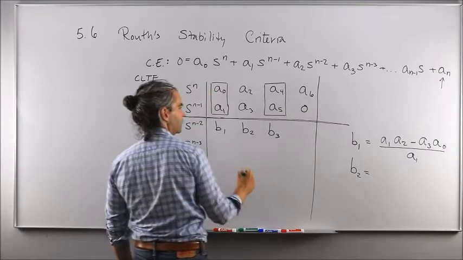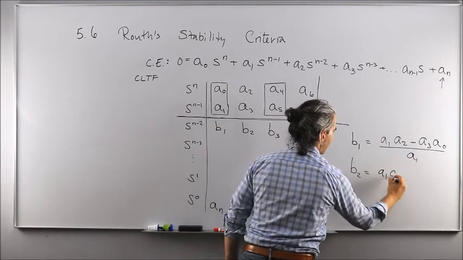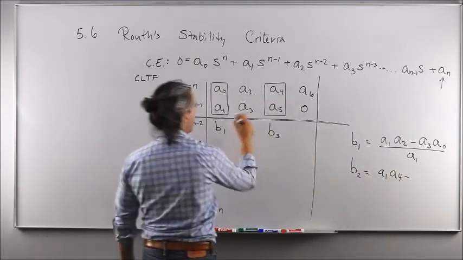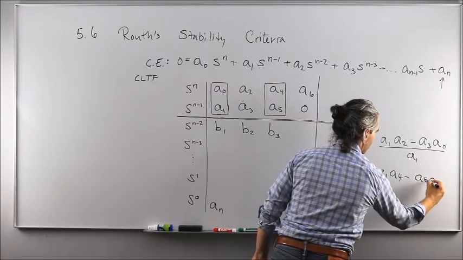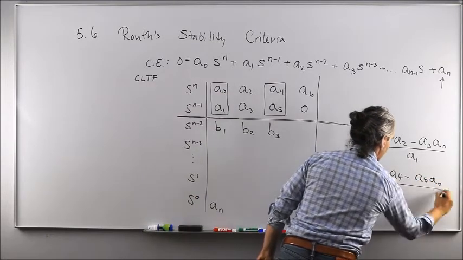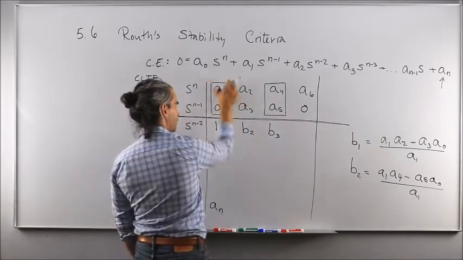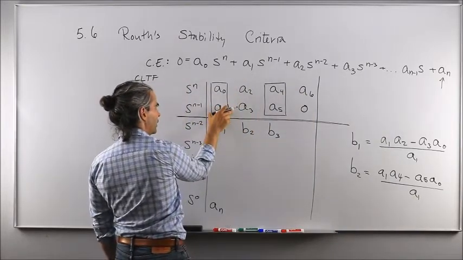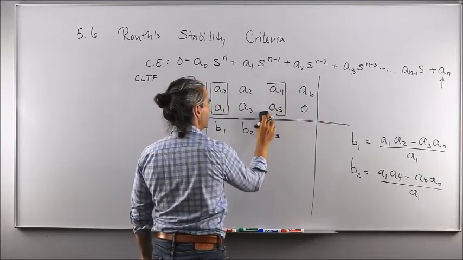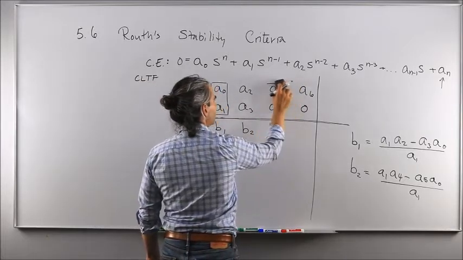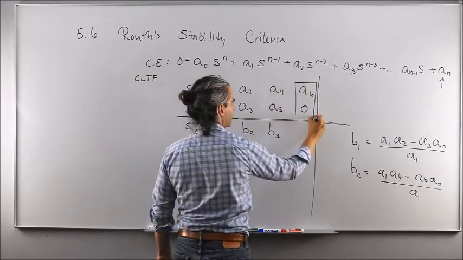Okay, so B2 would be A1 times A4 minus A5 times A naught over A1. B3. Now you're going to use the first column here with the same two coefficients, but you move the other column further to the right.